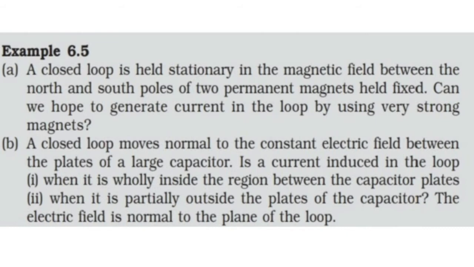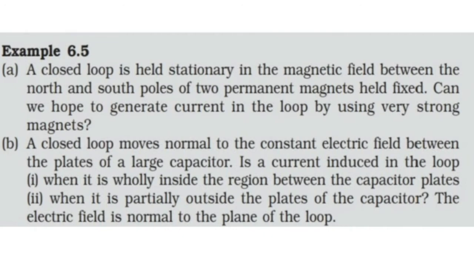Here, whatever be the strength of the magnetic field, for induced current to be produced, there should be a change in magnetic flux linked with the closed loop. Here the loop is held stationary and the magnets are permanent magnets. So there is no change in magnetic flux linked with the closed loop and hence no induced current.